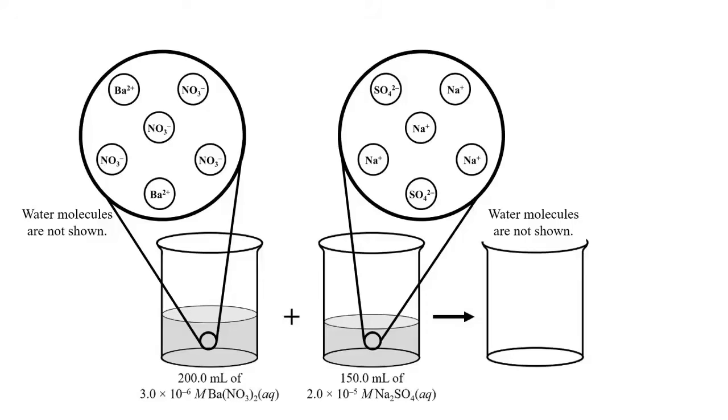We can see in the particle level view that there are barium ions and nitrate ions in a 1:2 ratio. Water molecules are not shown in the particle diagram. In the other beaker of sodium sulfate, there are sodium ions and sulfate ions in a 2:1 ratio. But it's the barium ions from one beaker that could combine with the sulfate ions in the other beaker that may produce a precipitate. We're not sure yet.